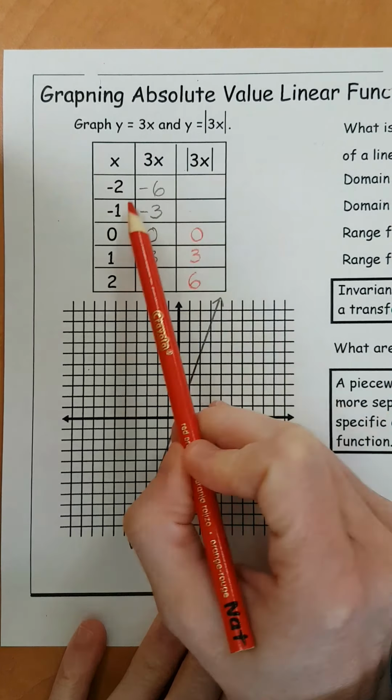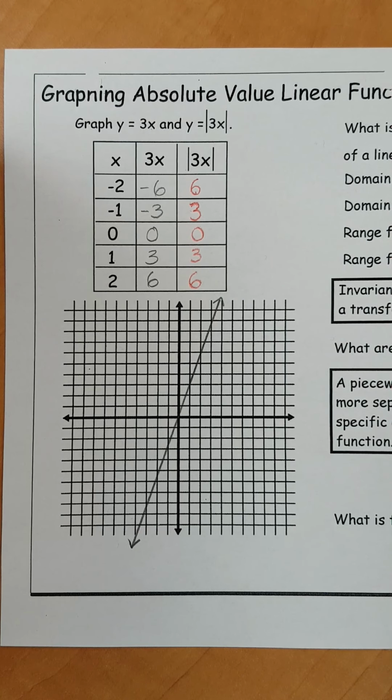Nice. And then what this one's going to become? 6. I'm seriously going to have to resharpen that. Hold on, let me see if I can get a different pencil for that. Sometimes things do not work out according to plan. Just have to dig out another red one here. There we go.